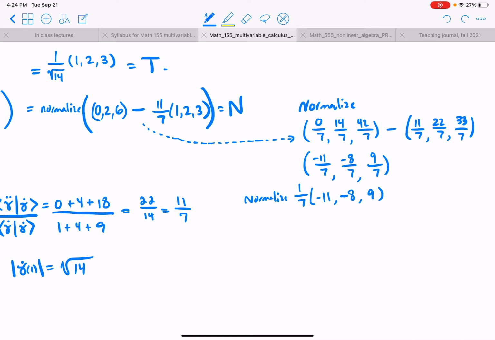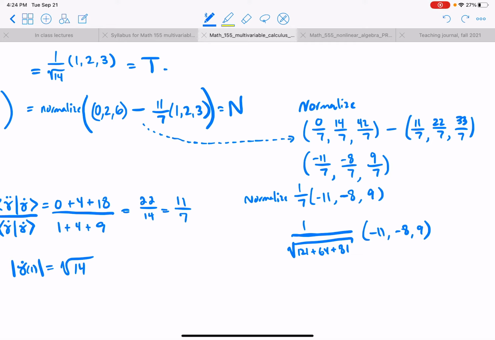So essentially, what I have is 1 over the square root of 121 plus 64 plus 81. I was able to ignore the 1/7 because I'm changing the length of this vector anyway, so I might as well multiply this vector by 7 so it has nice integers, and then divide by its length.